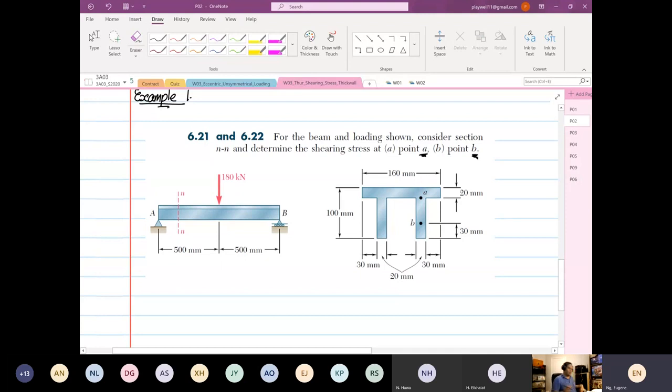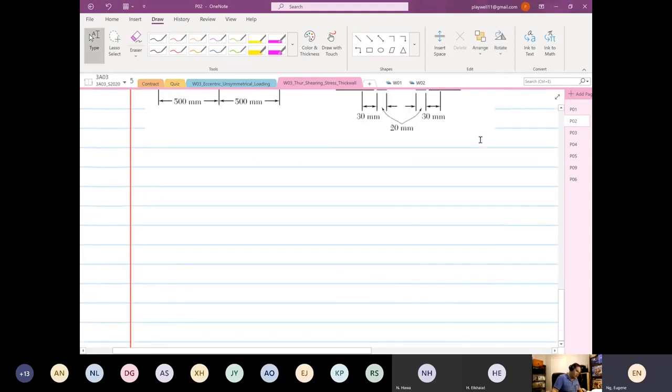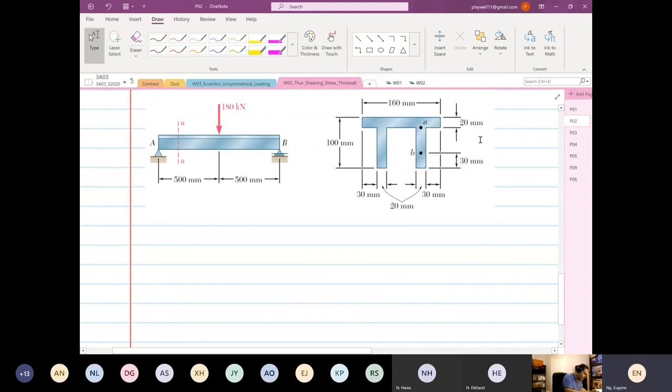Okay, so we're going to go further than that, and I'll tell you what this further is that we're going to do. I will write down the sequence of the solution. What steps are we going to take? So first thing we're going to do is draw our free body diagram.